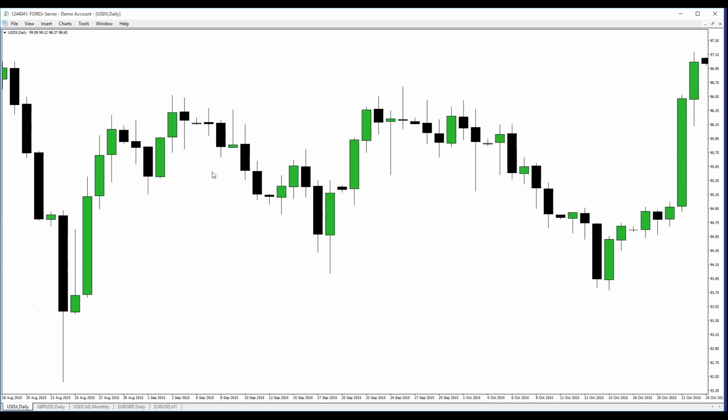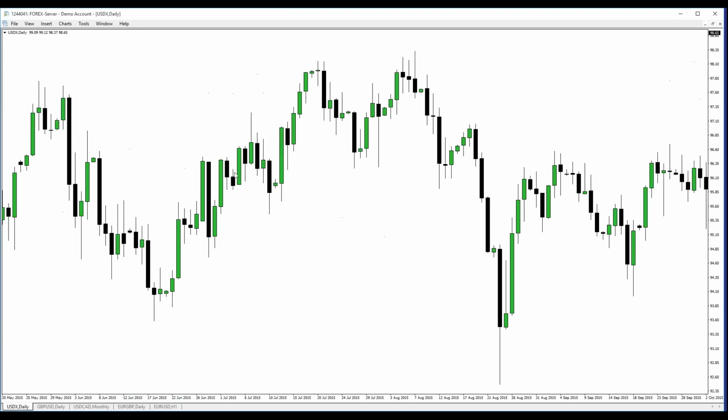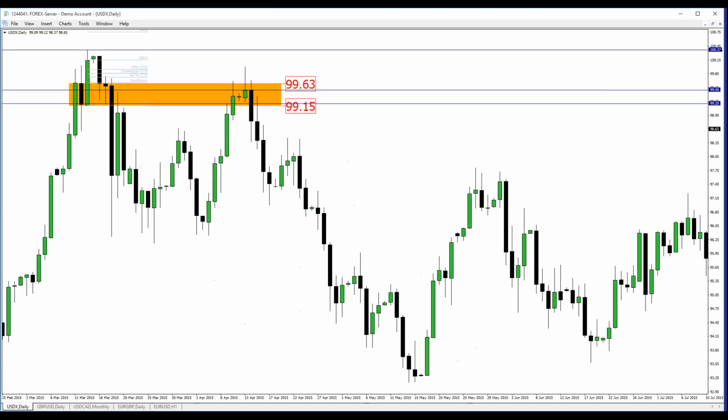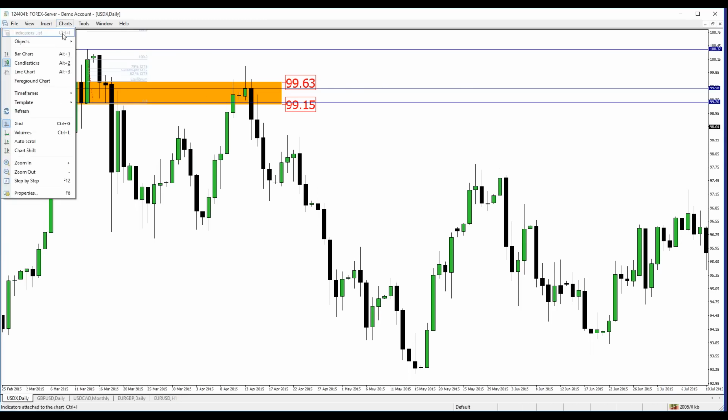I've got to get the date on when that actually traded into it. All right, so we traded into these levels on th of April 2015. Okay, so we will drop down.